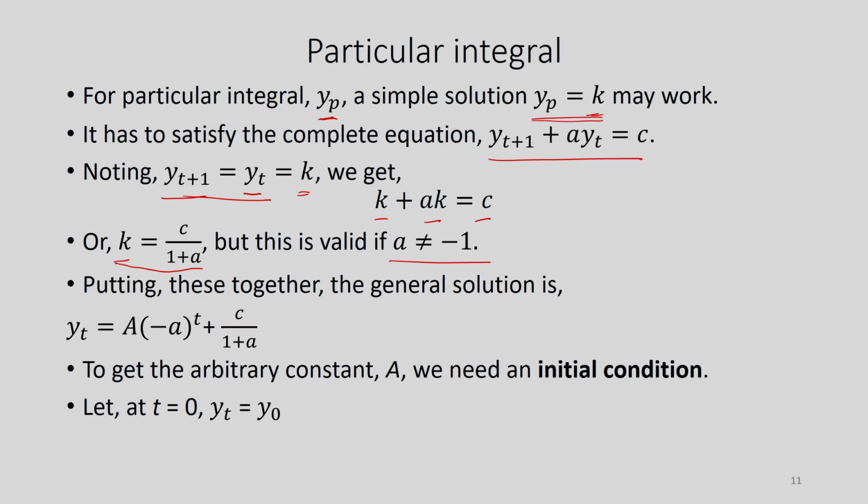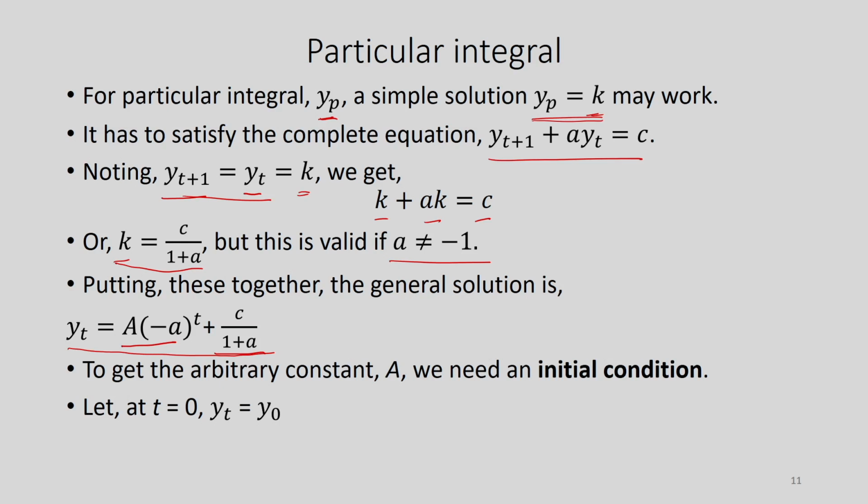Now, putting all this together, I get the general solution. y_t is a summation of the particular integral and the complementary function. This was the complementary function, A multiplied by (minus a) to the power t, plus c divided by 1 plus a. This is the general solution.